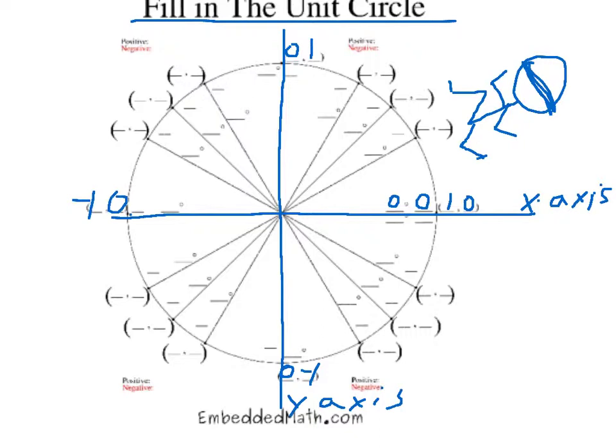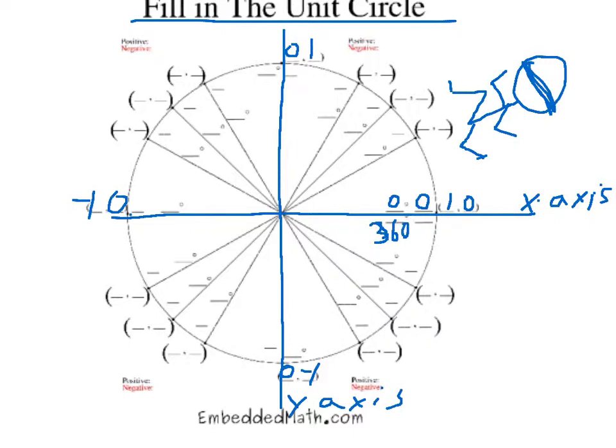Radians is a measure around the circle, and degrees is the angle measures that you have.